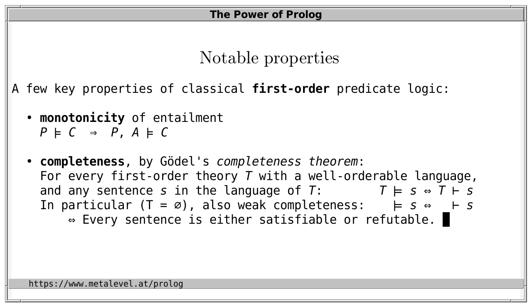That is, either it has a model or the negation of the sentence can be proved. Or, phrased more explicitly as a model existence theorem, if a first-order sentence is not refutable, then it has a model. However, validity is of course still only semi-decidable, not decidable.